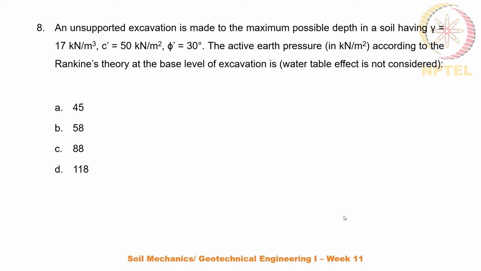Also, the water table effect need not be considered in this case. We are not given any details about the position of the water table, so we are not considering that. Option A 45, option B 58, option C 88, option D 118.